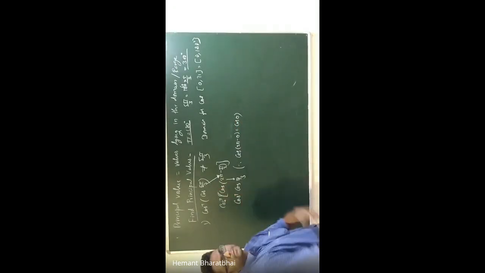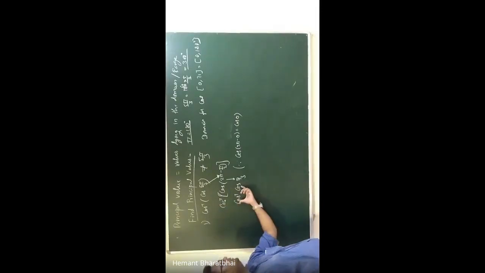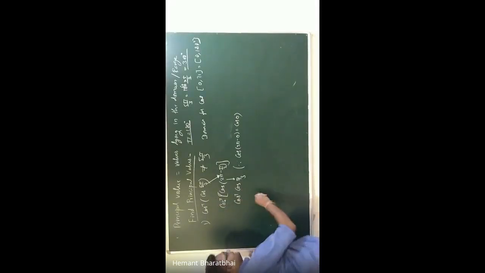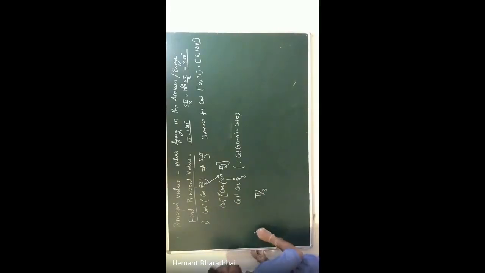So therefore cos of 2 pi minus pi by 3 will be nothing but cos of pi by 3. So now cos and cos inverse will get cancelled and I'll get the value as pi by 3. Therefore the principal value of cos inverse of cos of 5 pi by 3 is pi by 3.